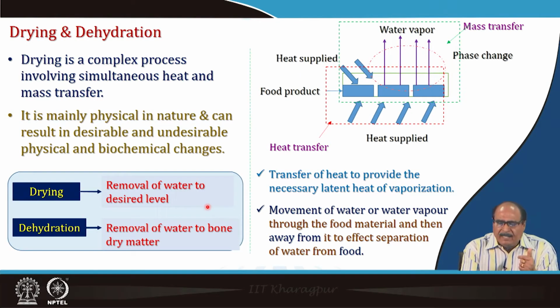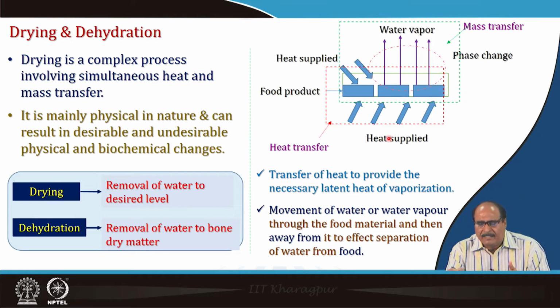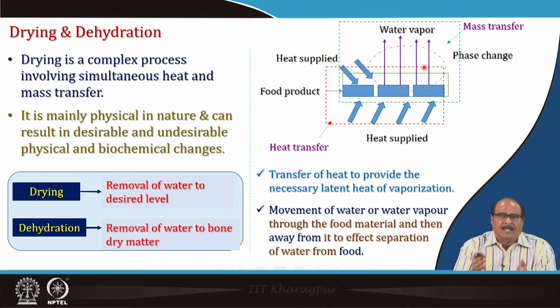So, let us look at drying and dehydration. Obviously, drying, as you can see here in this figure, is a complex process involving simultaneous heat and mass transfer. The material is kept in the drying chamber where heat is supplied, so there is heat transfer, and then from the material water vapor goes, so it is the mass transfer. So, it is a simultaneous heat and mass transfer operation.